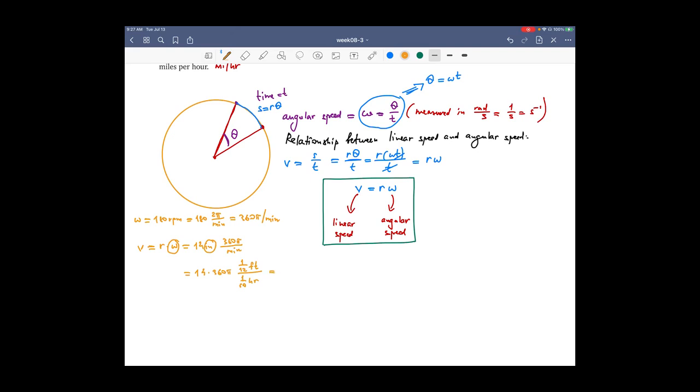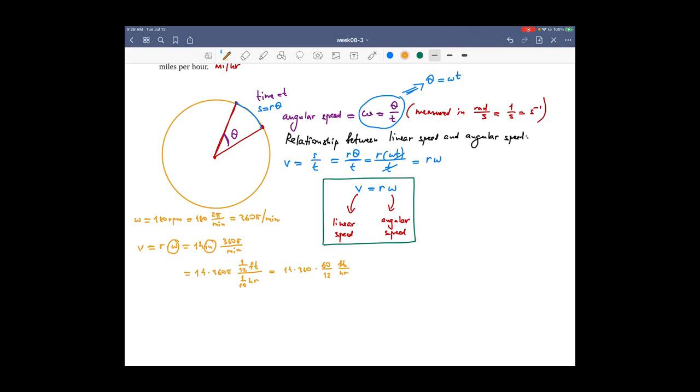So when you do the algebra here, you get 14 times 360 pi times 1/12 over 1/60, which simply is 60/12, which is 5, when you flip the fractions. So that is feet per hour.